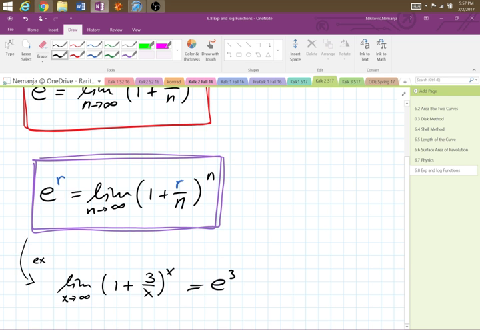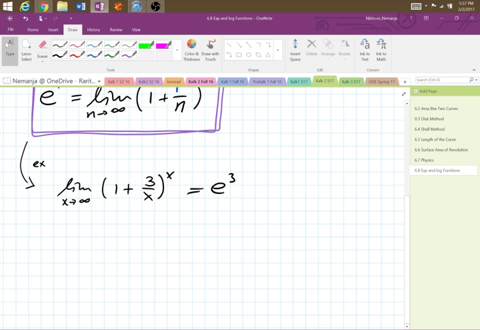Now, I just defined e in terms of the limit, which is the way it's actually defined. But then we can also define this e in a really weird way, which is through the integral of ln, which really makes no sense at first.